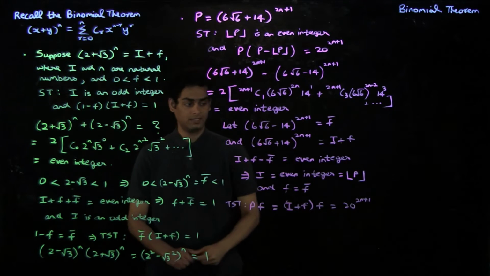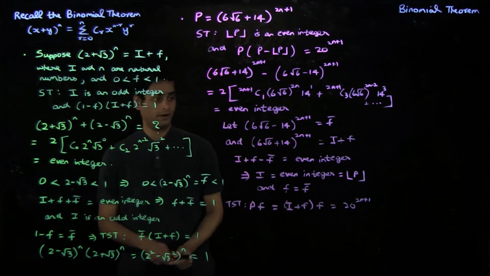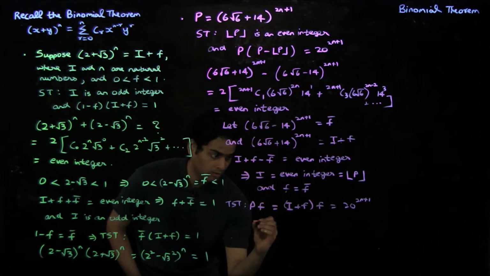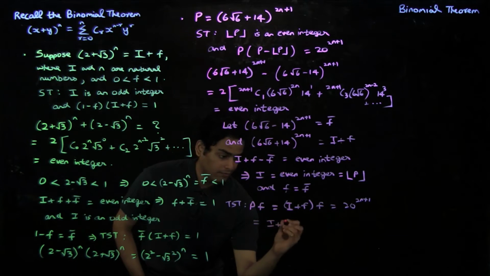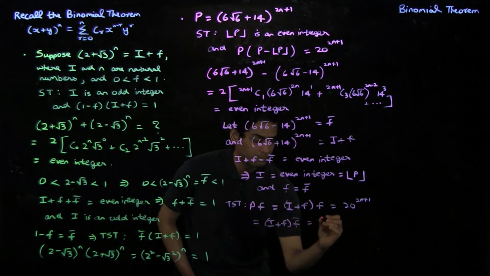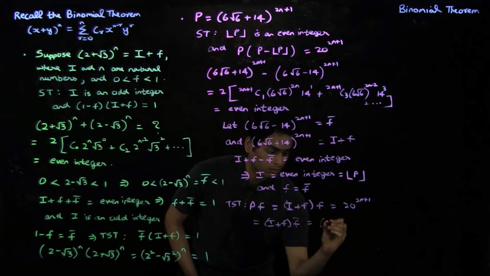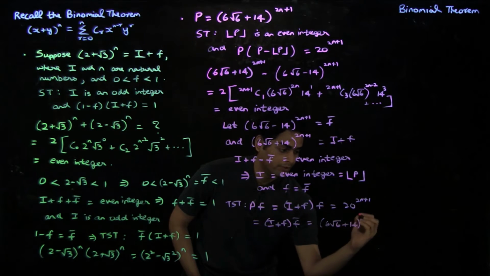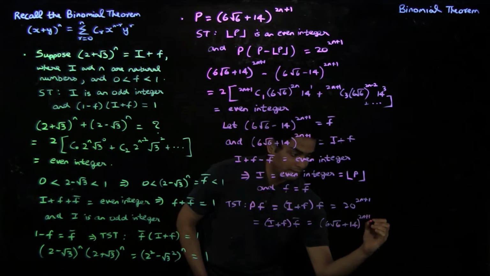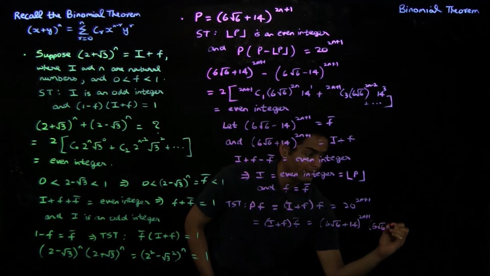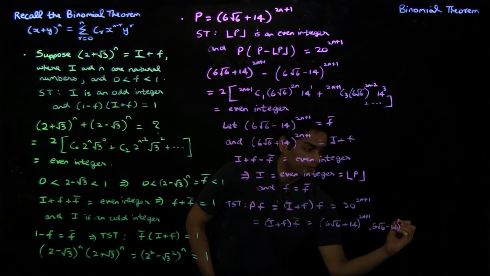We've seen that f is nothing but f bar from the expansion, and so we have that this is nothing but I plus f times f bar, which is equal to 6 times square root of 6 plus 14 power 2n plus 1 times 6 times square root of 6 minus 14 power 2n plus 1.